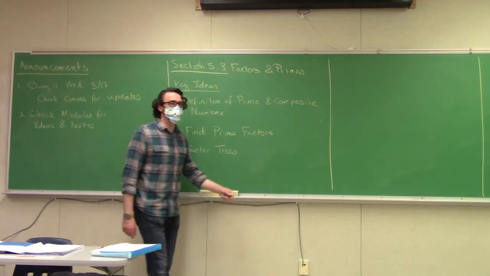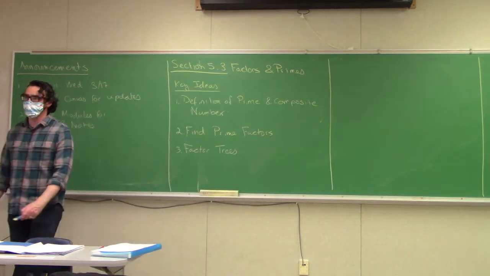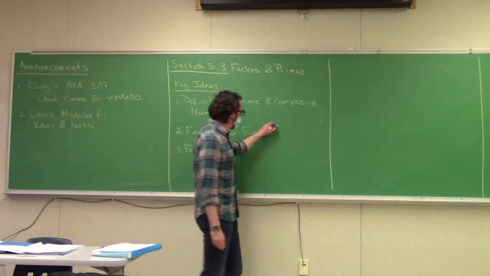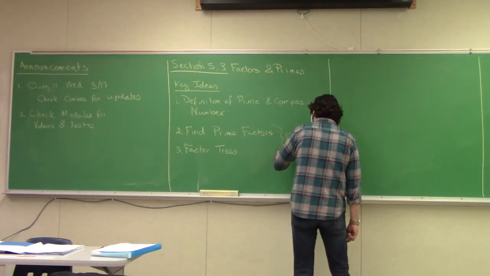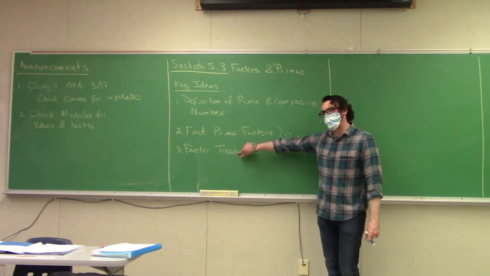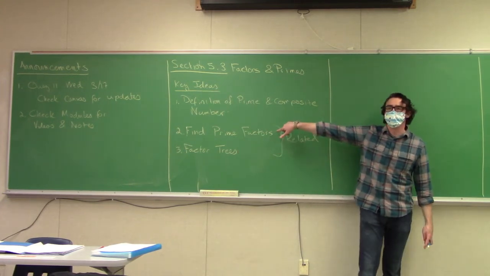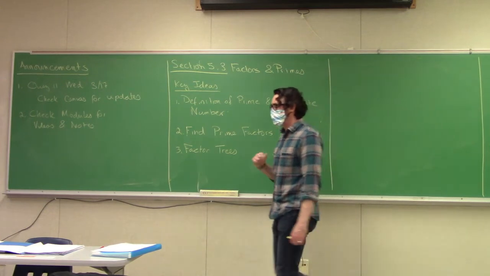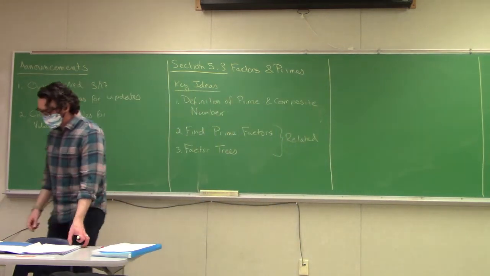Know how to make factor trees. Okay, these two concepts are of course related. We will use these factor trees to help us find the prime factorizations of these numbers.